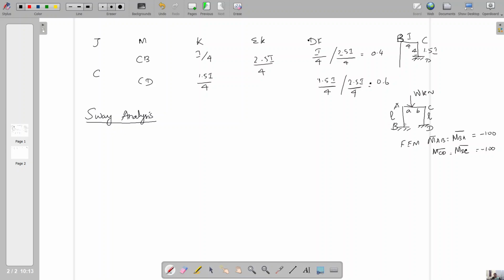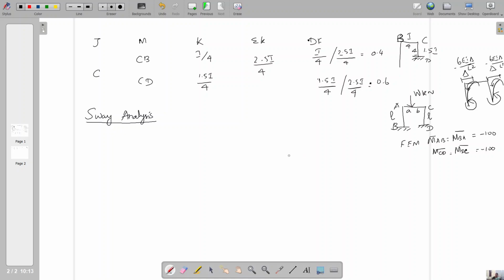Both the lengths of columns are equal. In the case of equal column lengths, the sway will be in equal magnitude, that is delta. Here is also delta. The moment is also anti-clockwise in both the cases. If you note down the direction of moment, it is anti-clockwise. And the moment value when the joint is having delta deflection is 6 EI delta by L square. We already studied in slope deflection formula as well as the moment distribution support sinking problems.